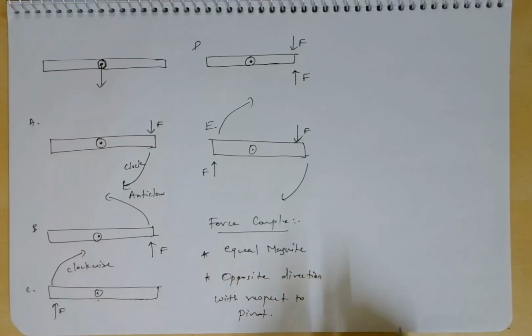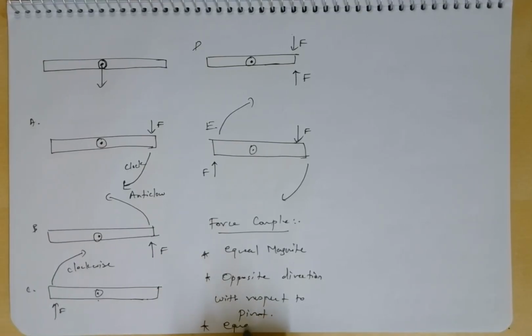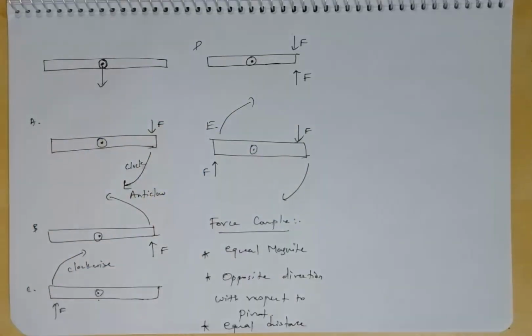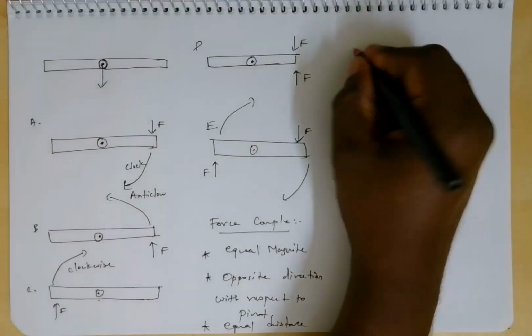What is one more thing that makes this perfect? Equal distance. Awesome. If all these things are satisfied, the effect it will have on the rod, we call it torque.